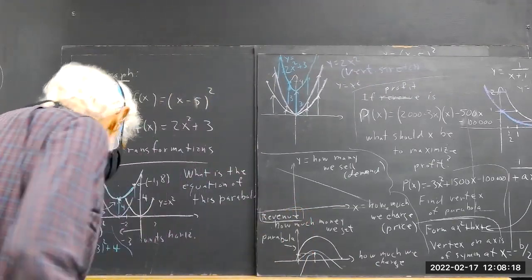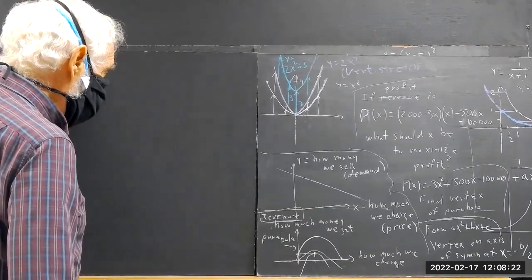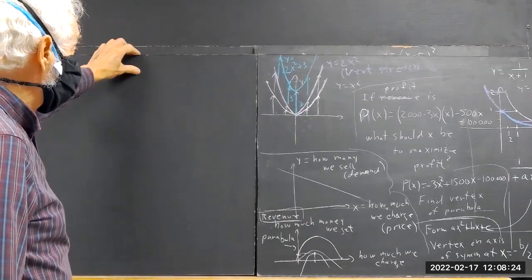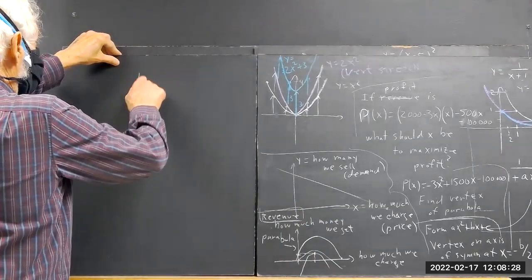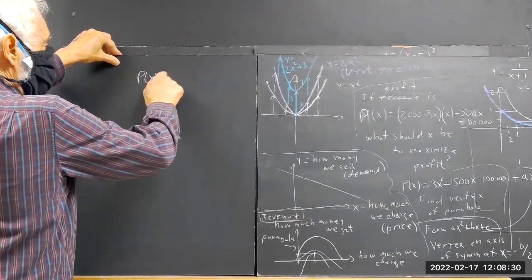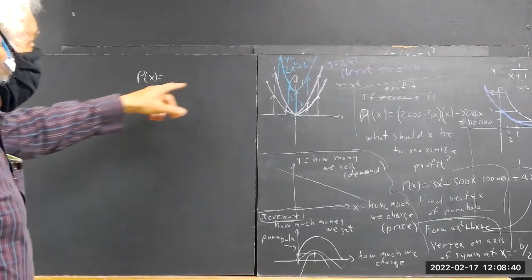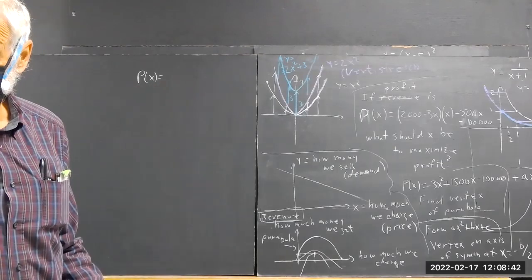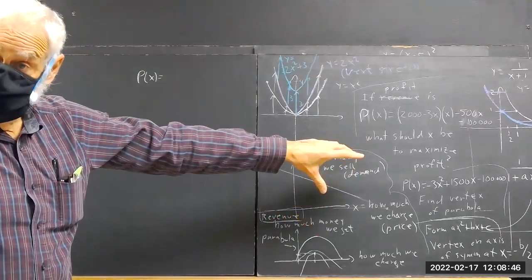Now I kind of got that spread out in a way that I didn't intend. So let's summarize it. So you have P of x. For whatever reason, P of x is your profit function. Problems you have for homework on applications of quadratic functions, I'm going to just give you quadratic functions and ask you questions. So I've given you a little background about where this might come from.